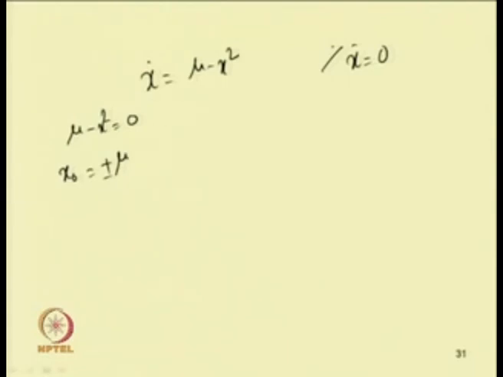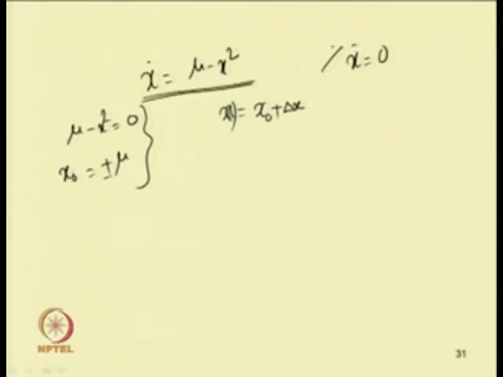Now we perturb this: let us put x equal to x(t) varying with time. We started with x0, so x(t) equal to x0 plus delta x.